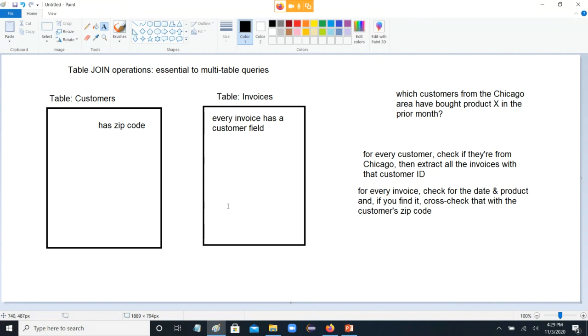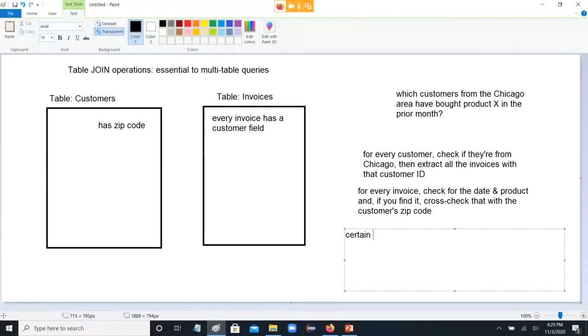Now, certain join operations are very, very big. Certain joins, what are called outer joins, are very data intensive. And what they do, they essentially multiply the two tables together, right? They're not looking at a subset.